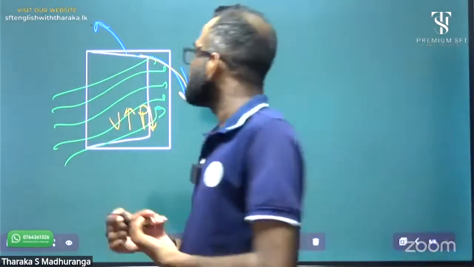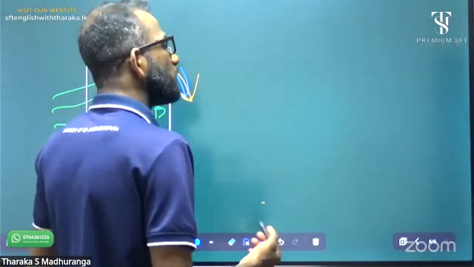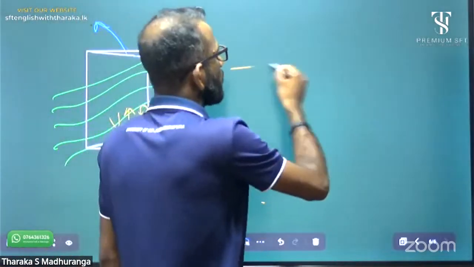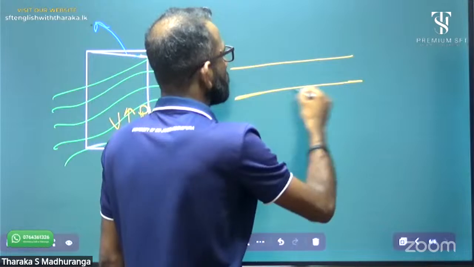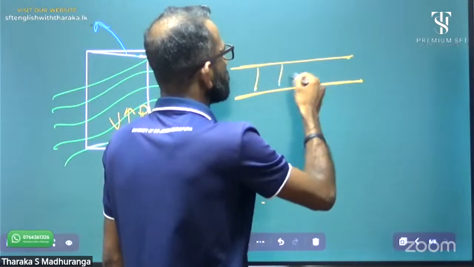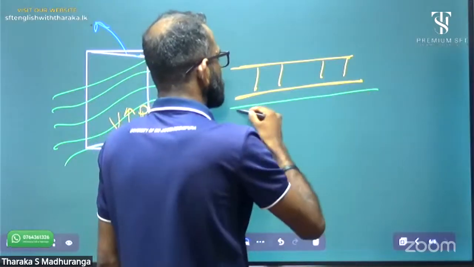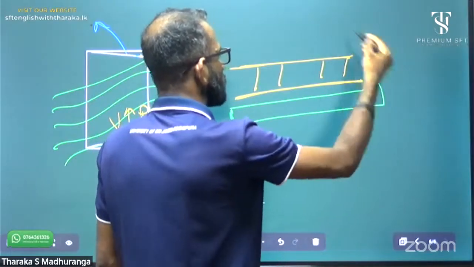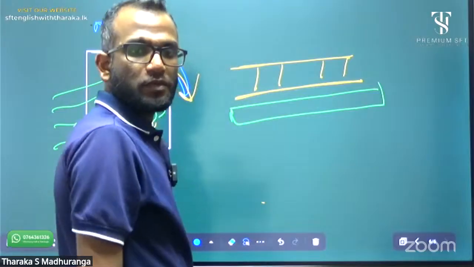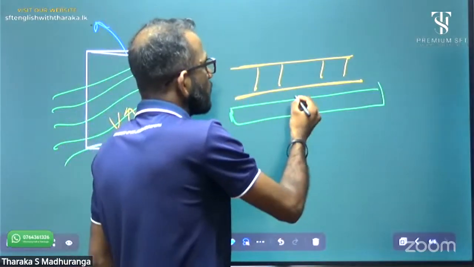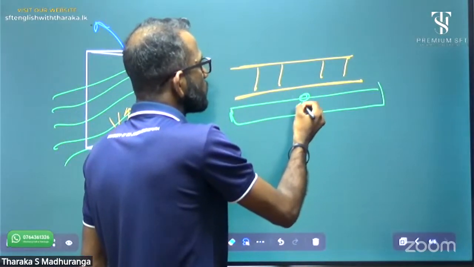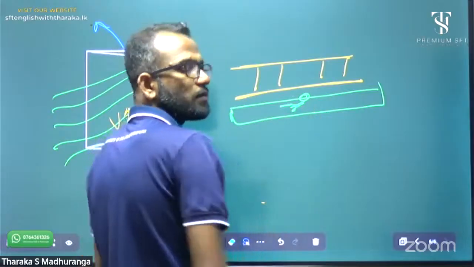Another example. Now think this is a train railway. This is a railway, and this is the railway platform in the station. Now think of a person on the edge of this train station, right?